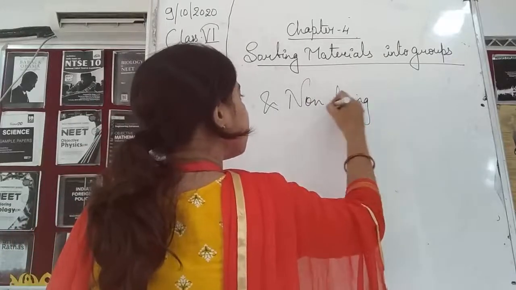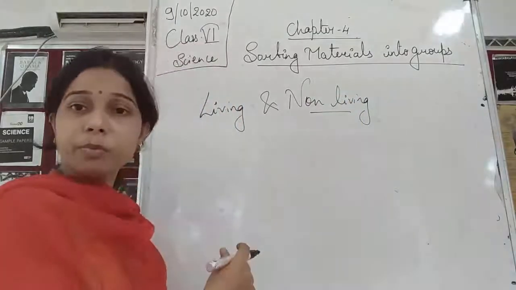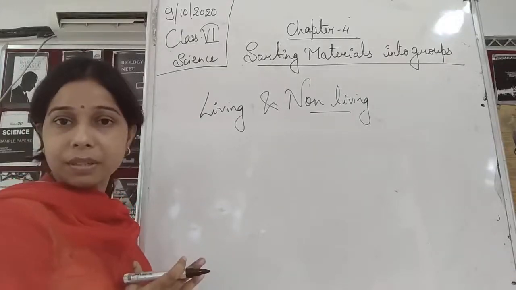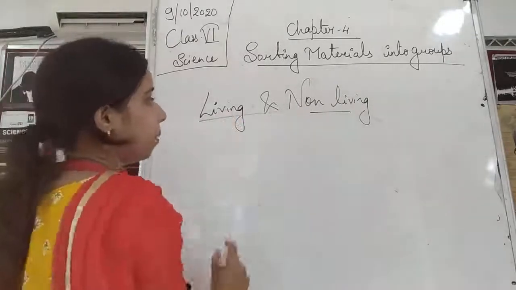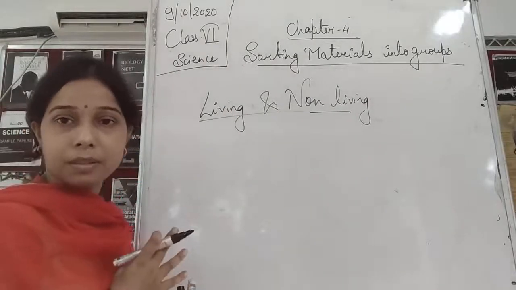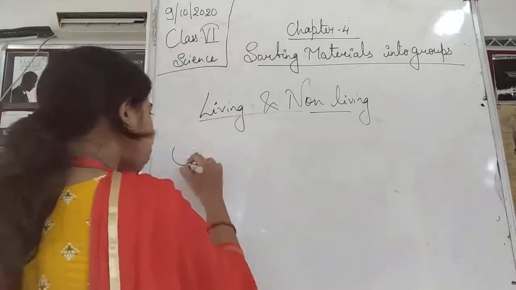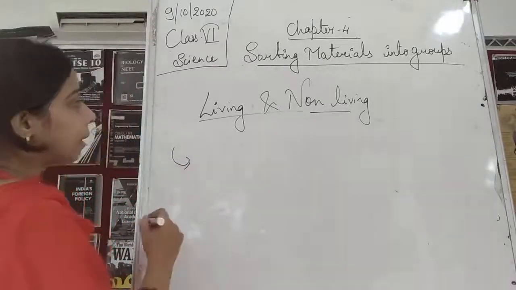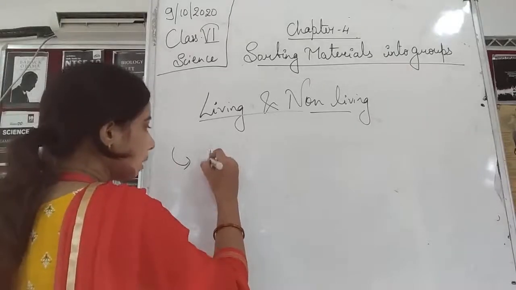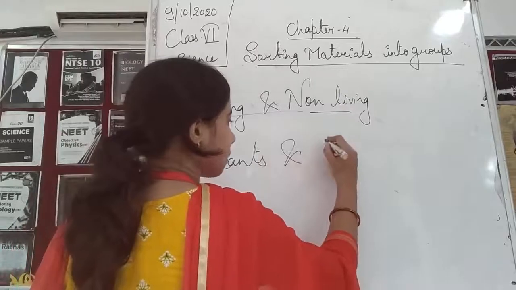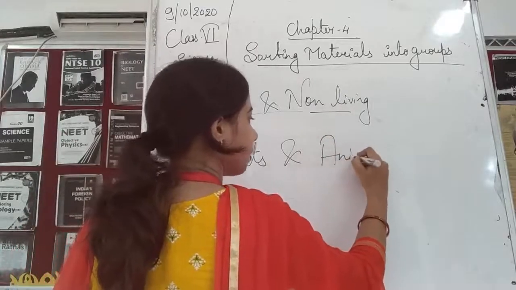That means whether the given object is a living object or a non-living object. This is the main group on which we have classified the objects. Then the subgroups: the living beings are classified again on the basis of their characteristics, that is, plants and animals.